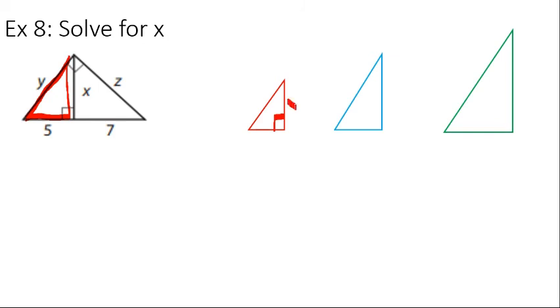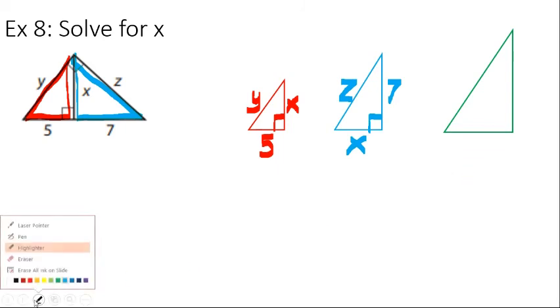This is x, this is y, and then I have 5 down here. All right, my middle one is this side right here. So 90-degree angle is right here, which makes this x, this is 7, and this z.